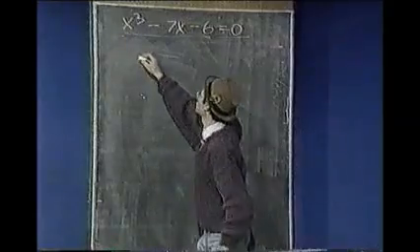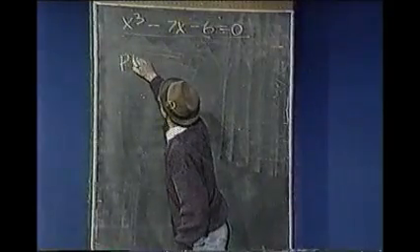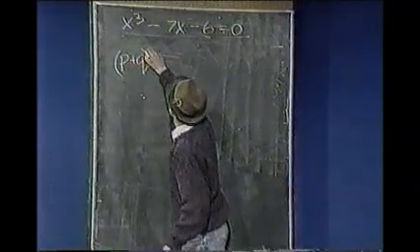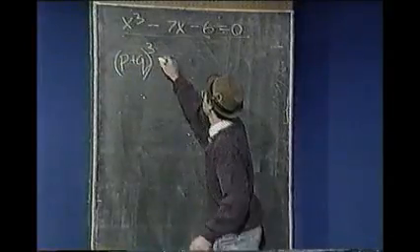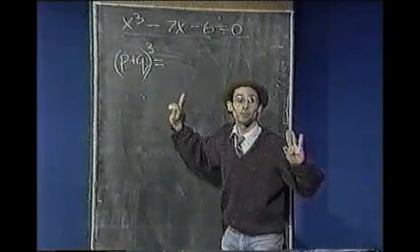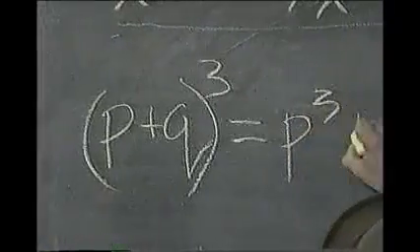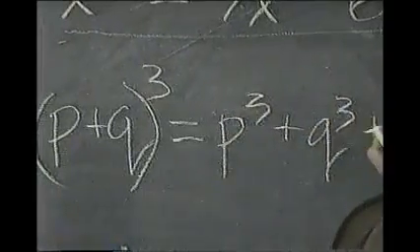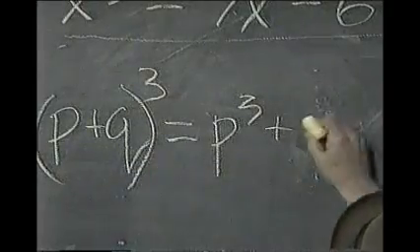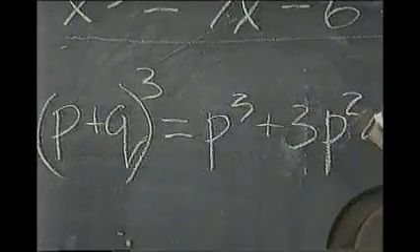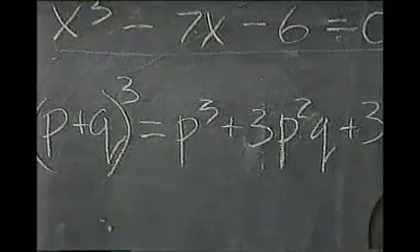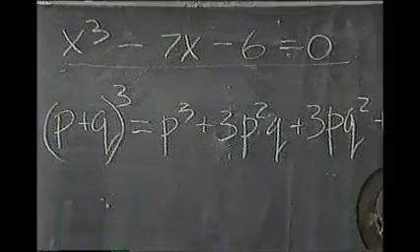What I write here is p plus q cubed equals, now we multiply this out as a polynomial using the rules of multiplying polynomials. I get p cubed plus 3p squared q plus 3pq squared plus q cubed.